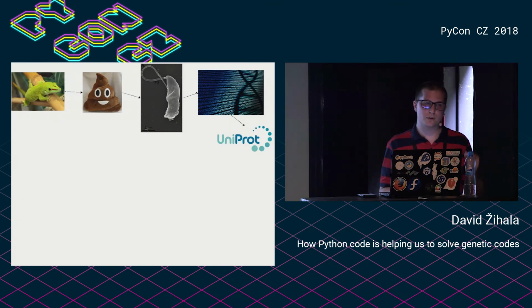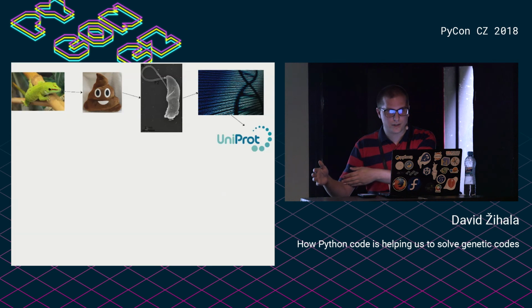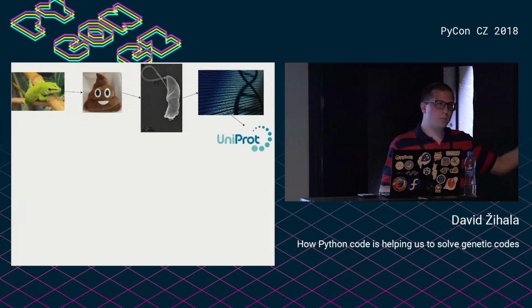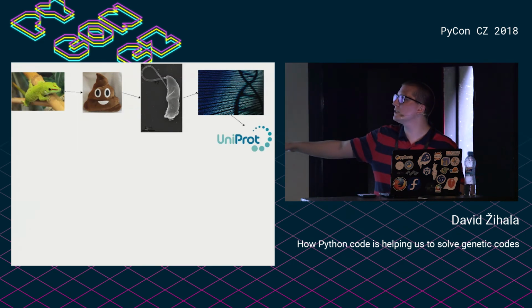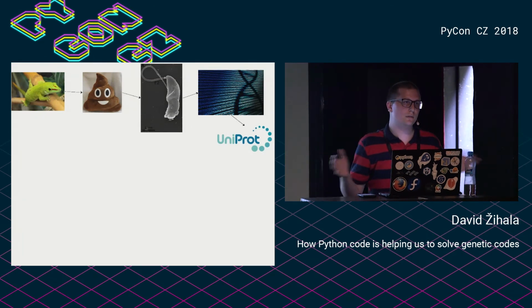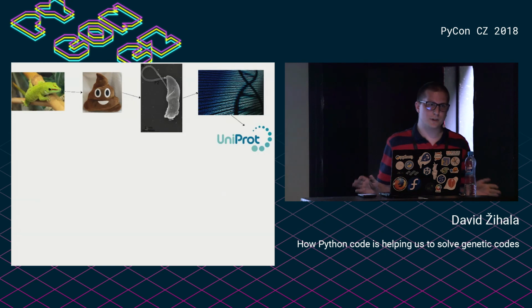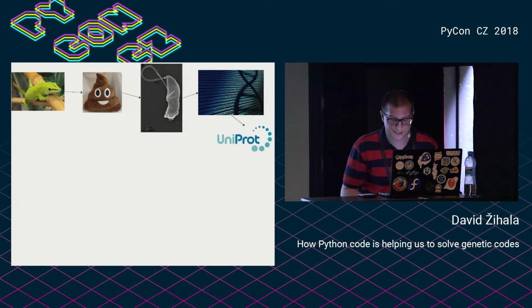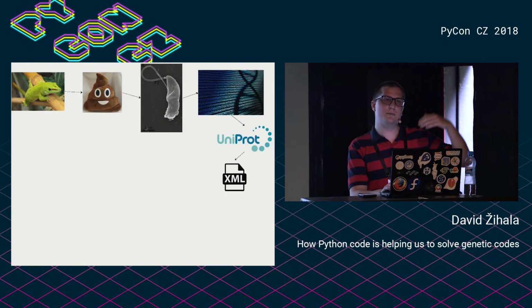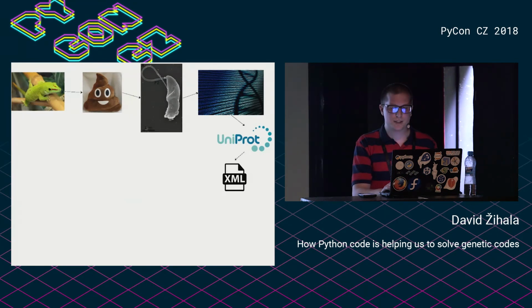And we were looking for similar proteins what we sequenced in other organisms. Because you, higher plants, also this protist, gecko, this organism, we all share a lot of genes. We basically share them, and they are very similar. So we check those databases, if there are some similar proteins, and we obtain some XML file.